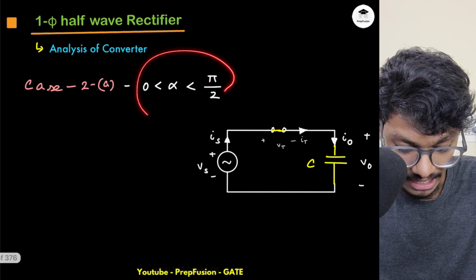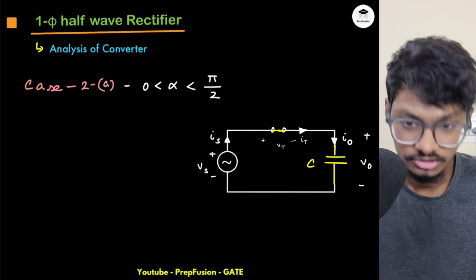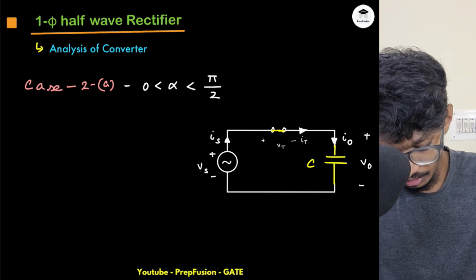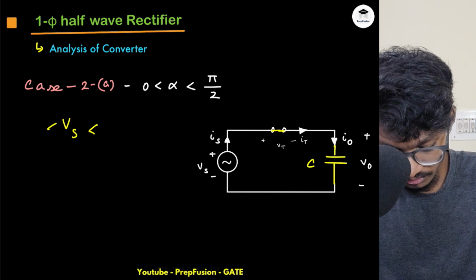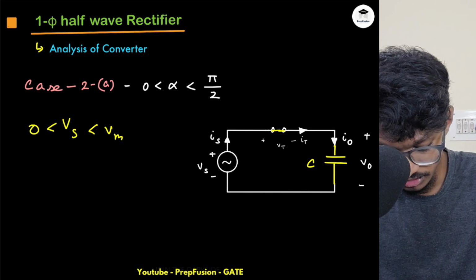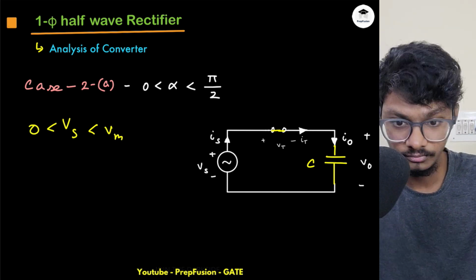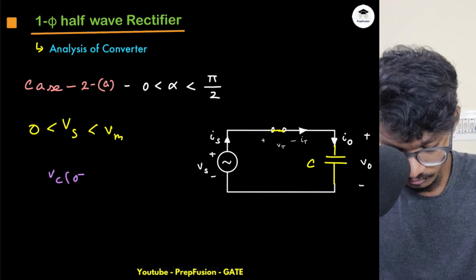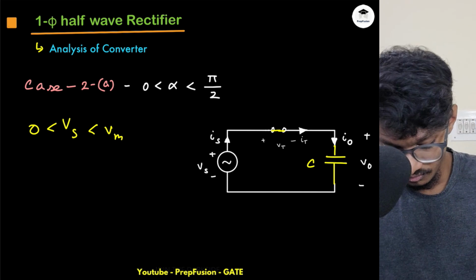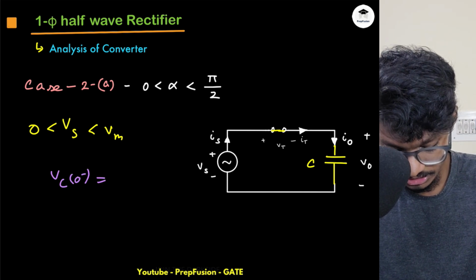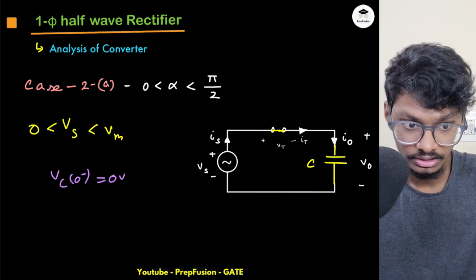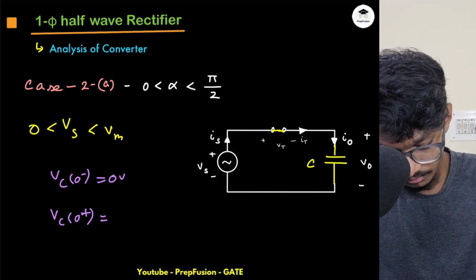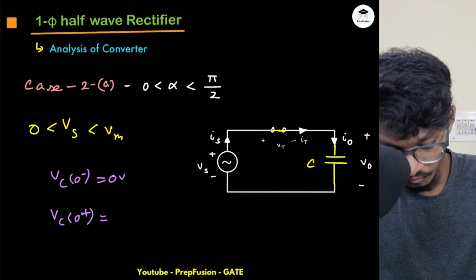First case is if my alpha is lying between 0 to pi by 2. What will happen is that my Vs can lie between plus Vm to 0. So my VC0 minus is 0 volts. And my VC0 plus is Vs, which is a mismatch.